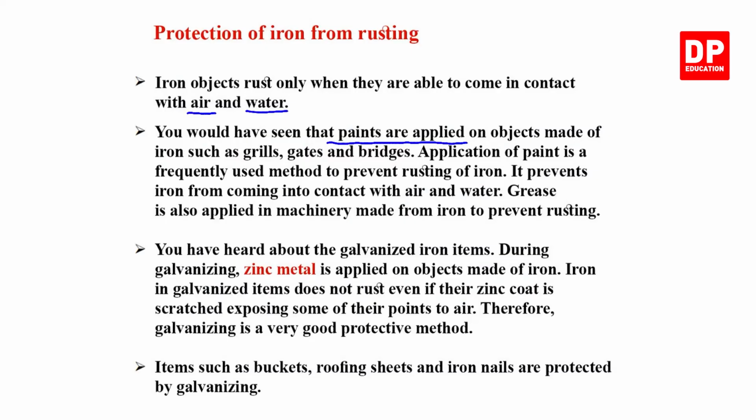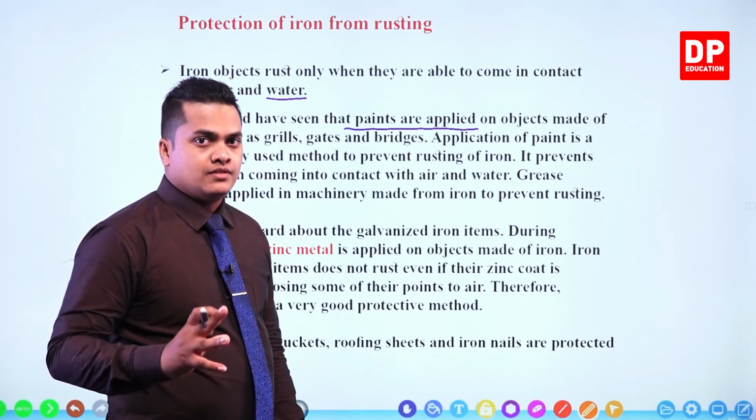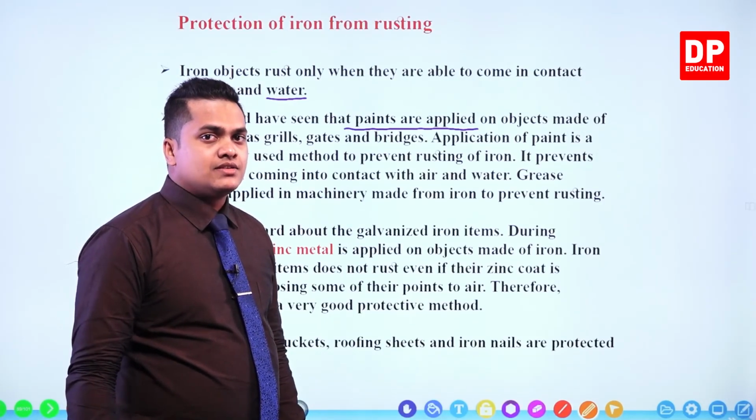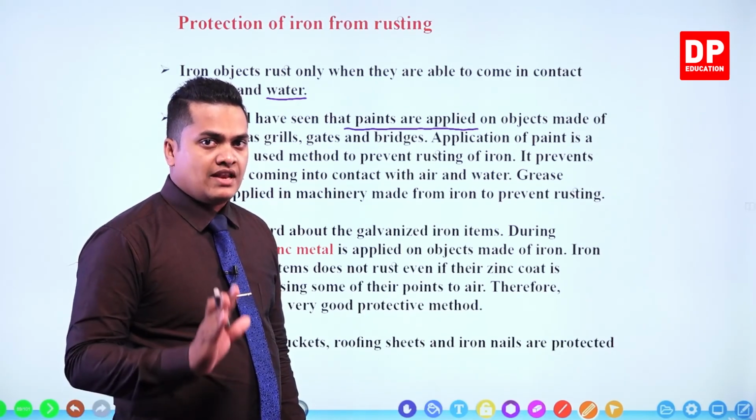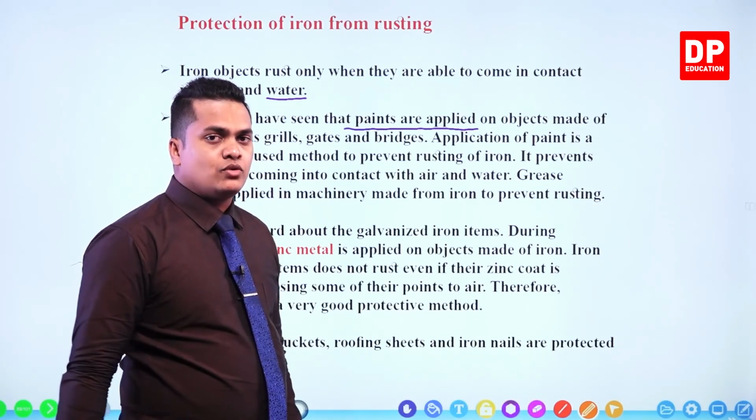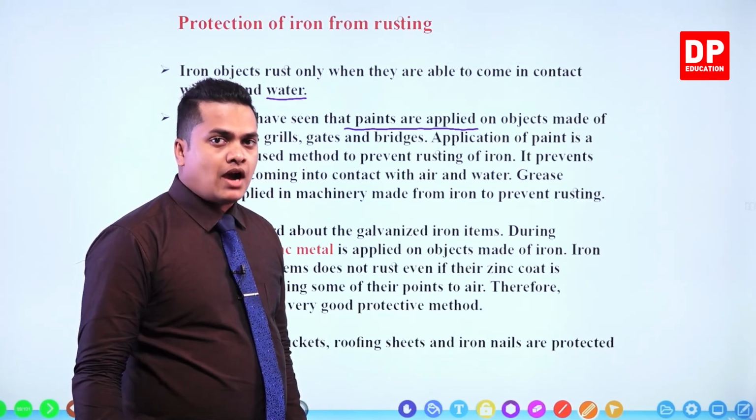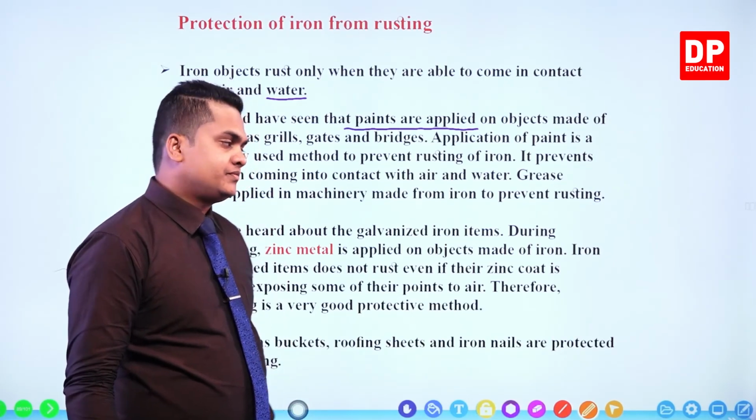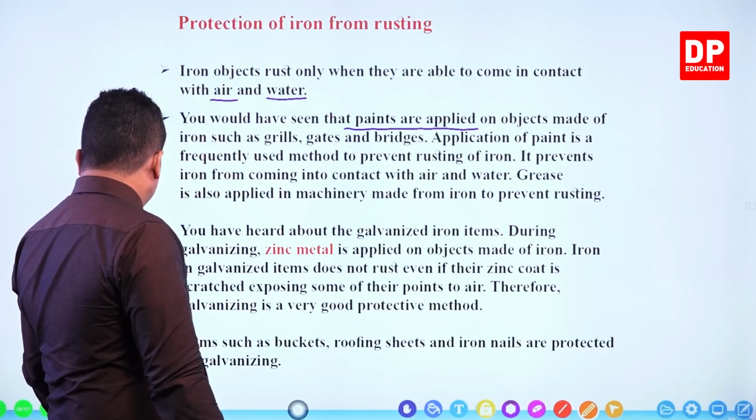Items such as buckets, roofing sheets, iron nails are protected by galvanizing. These materials are galvanized in order to protect them from rusting. So galvanizing is the best method to protect iron from rusting, right, my dear children?